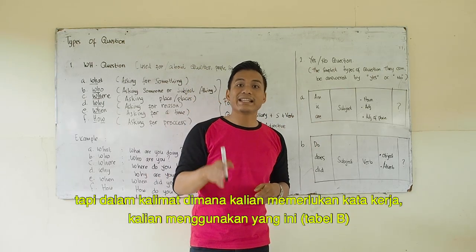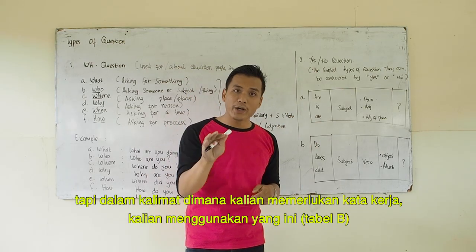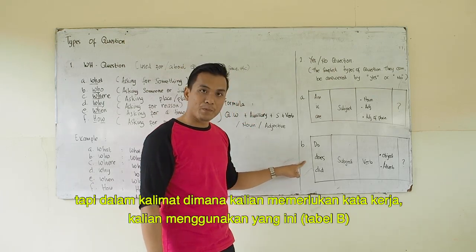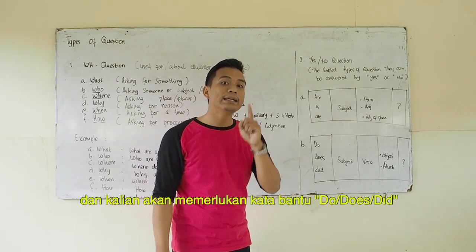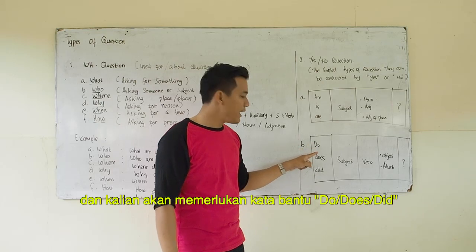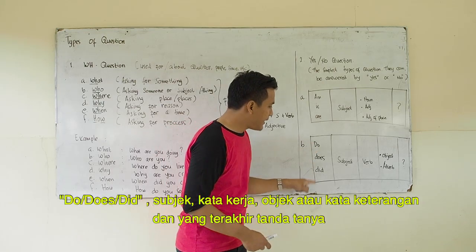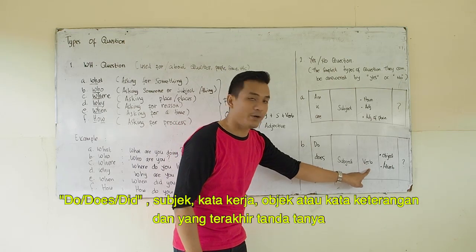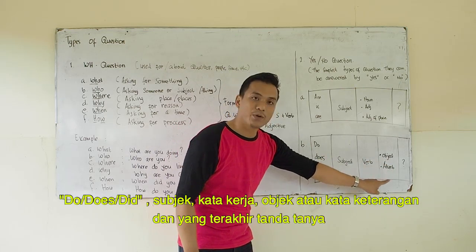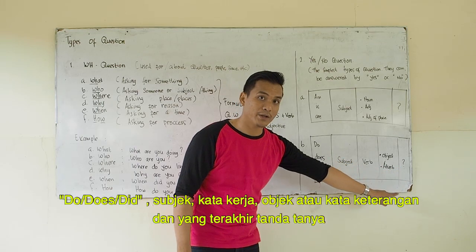But in a sentence, if you need a verb, you use this one, and you will need the auxiliary do, does, did. Well, do, does, did, subject, verb, object or adverb, and the last is a question mark.